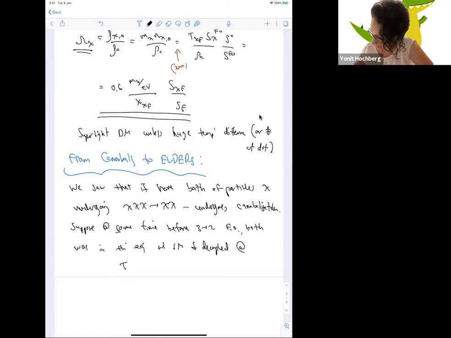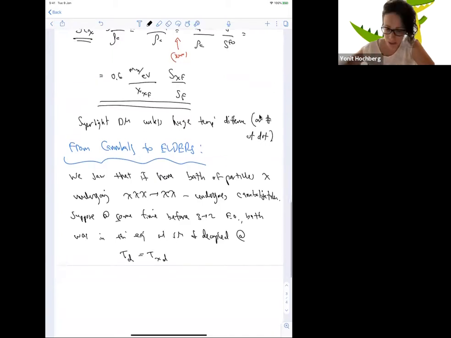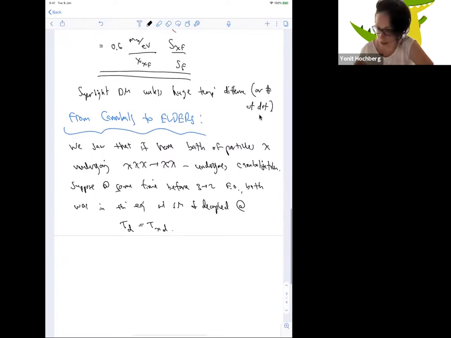I would call that the decoupling temperature. At the point that it's decoupling, the temperature in the two sectors is the same. So the temperature of the dark matter at the moment of decoupling is the same as the temperature of the standard model bath. This is how we define this temperature.